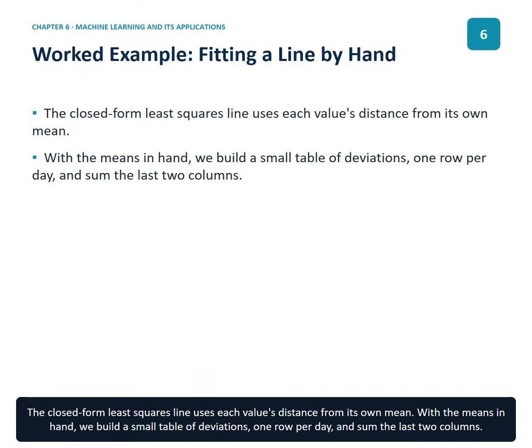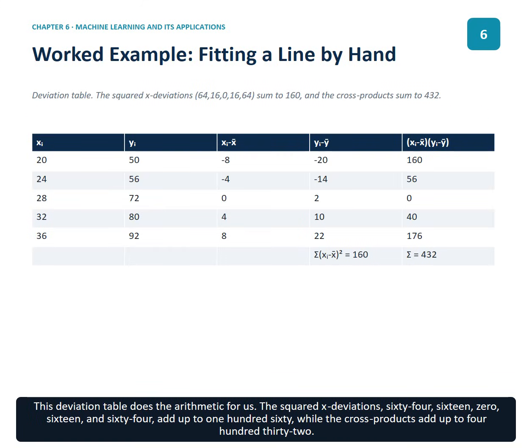The closed form least squares line uses each value's distance from its own mean. With the means in hand, we build a small table of deviations, 1 row per day, and sum the last 2 columns. This deviation table does the arithmetic for us.